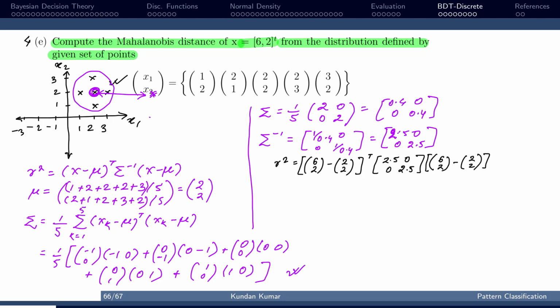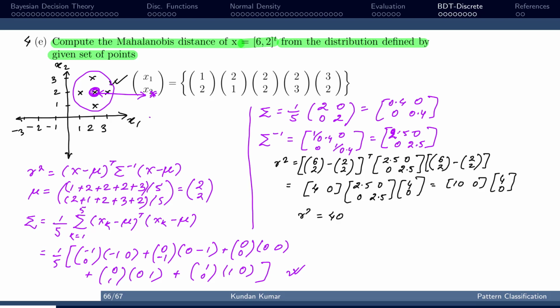When we solve it, it will be (4, 0). Because we have the transpose, it will become a row vector, then [[2.5, 0], [0, 2.5]], and then (4, 0). When we solve it, we get (10, 0) times (4, 0), and we will get 40.